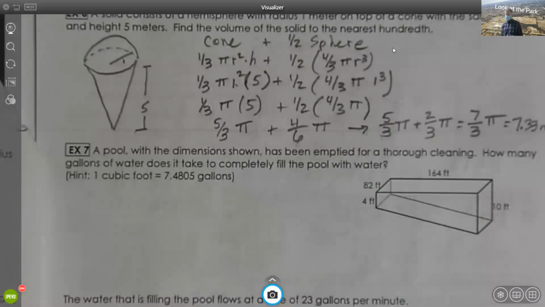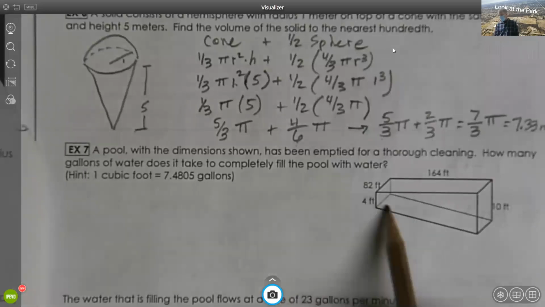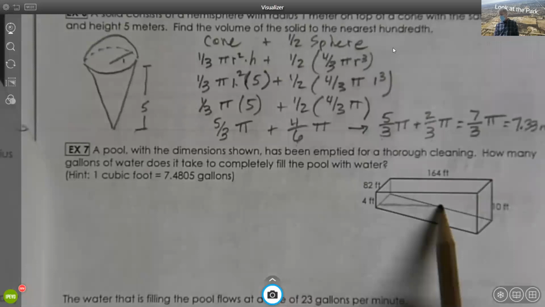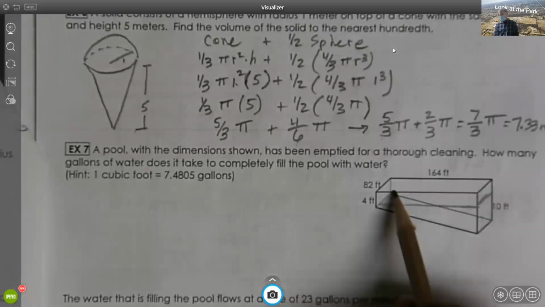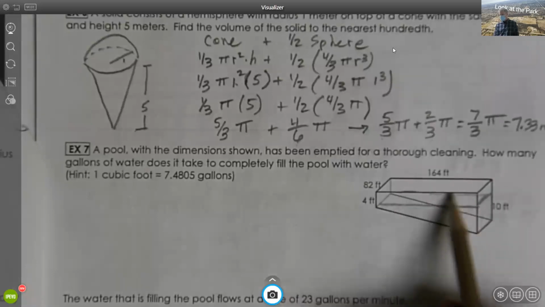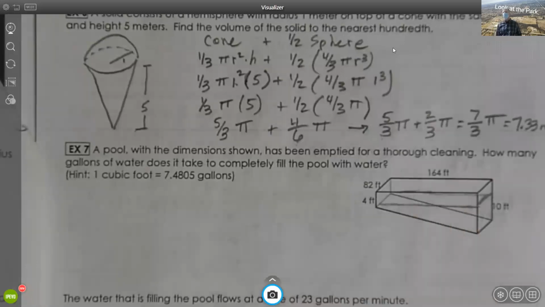All right, last question, number 7. Here we have a swimming pool. Very appropriate after the weather we've had, minus the rain. If you look at this pool, you might consider it being a little bit easier if you break it into 2 shapes.